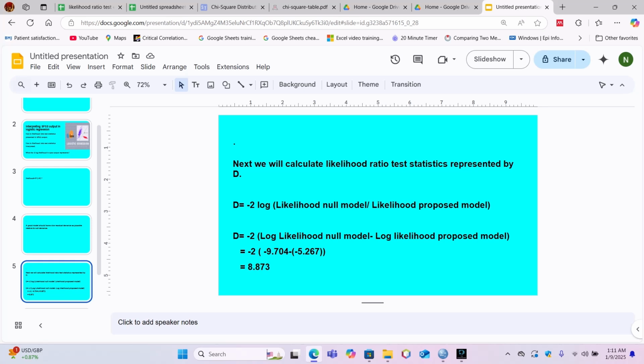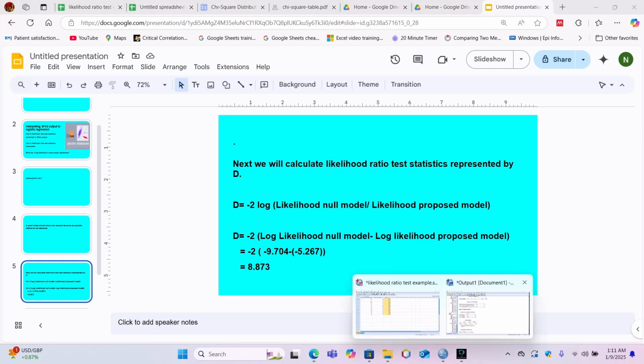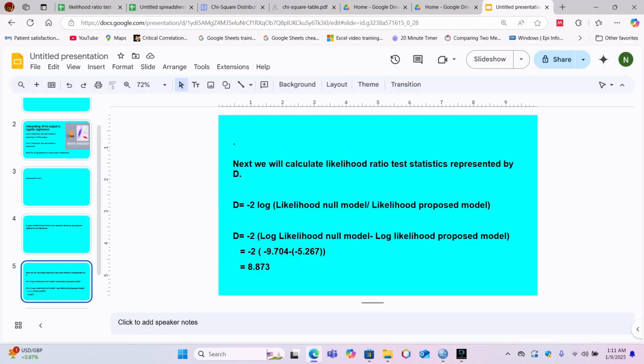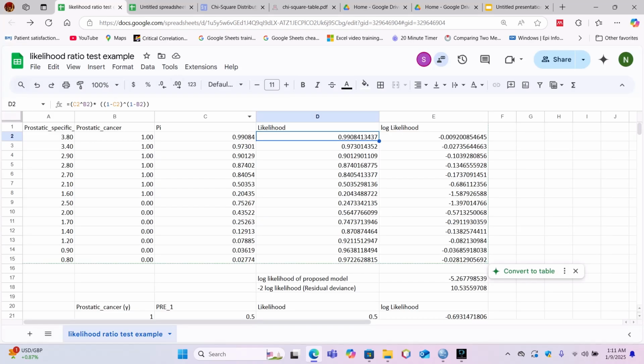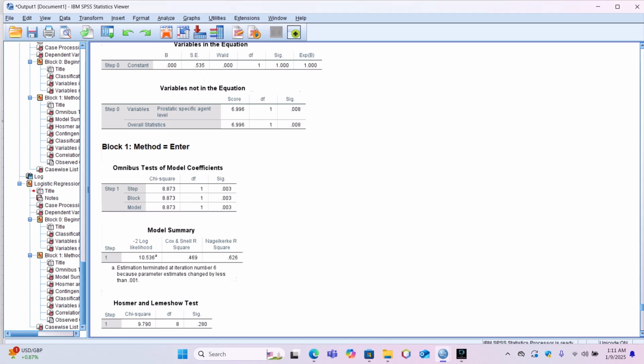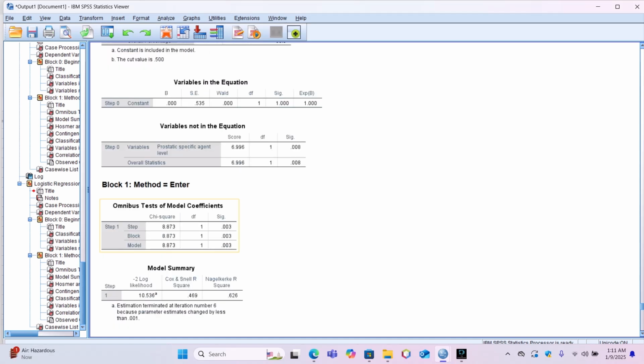This is the likelihood ratio test statistic, and we can see this also in the SPSS output, 8.873. Now we can check if this 8.873 likelihood ratio test statistic is significant or not.